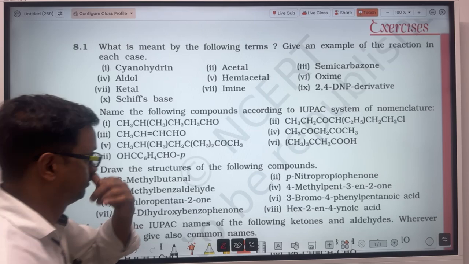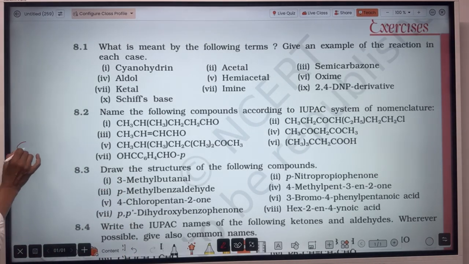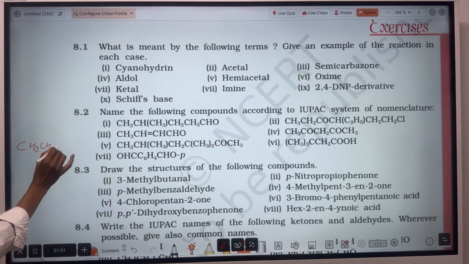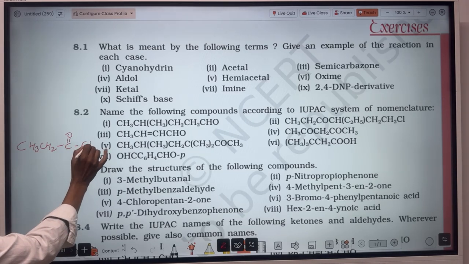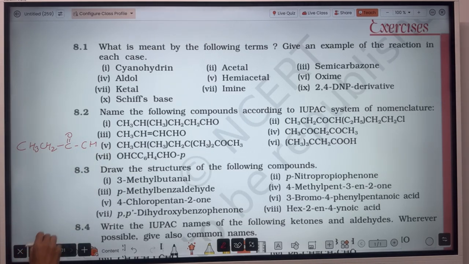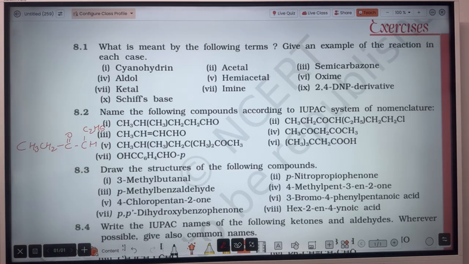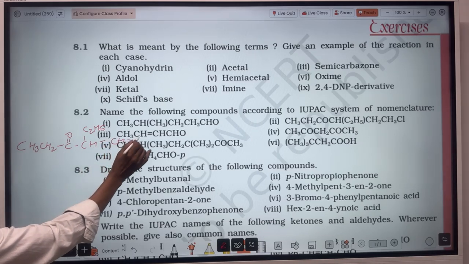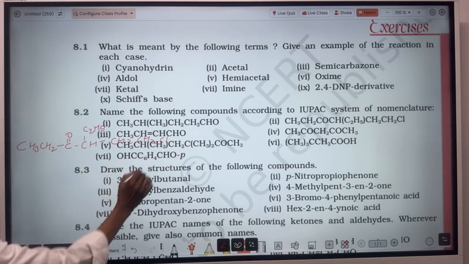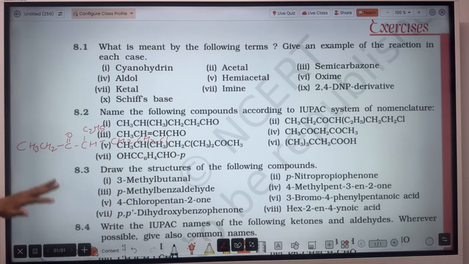So let's see here. This is the structure here.